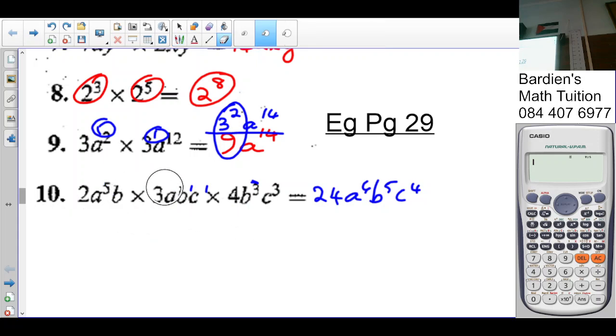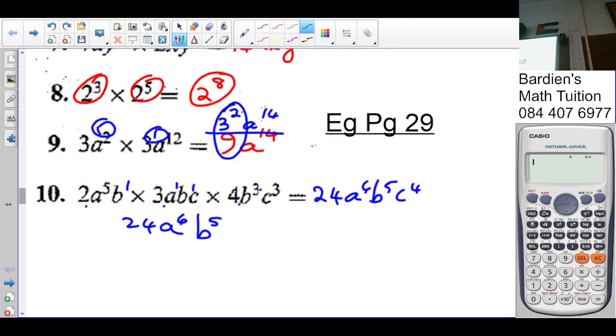No. So you can't add all those exponents. 2 times 3 is 6 times 4 is 24. a: 5 plus 1, 6. b: 1 plus 1, 2, plus 3, 5. c: those bases are the same, so 1 plus 3, which is 4. Okay?